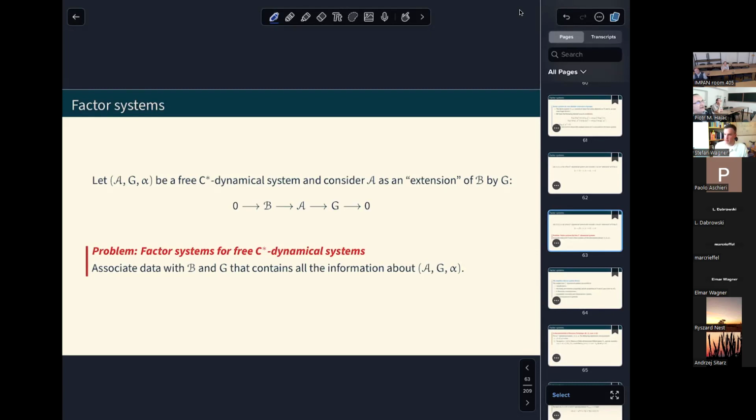So what do you mean by this arrow from A to G? That's just abstract nonsense. This is just to have an idea, a similarity to the case of group extensions. This is in quotation marks, just an idea that somehow A should be an extension of B by G. So far it's just an idea, and we would like to make this idea precise in a moment.